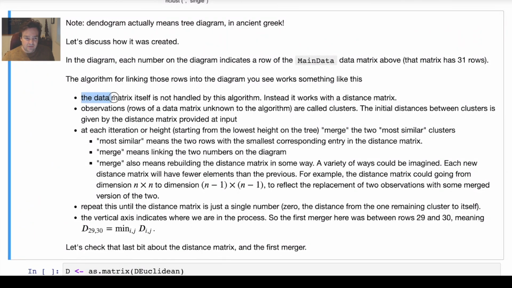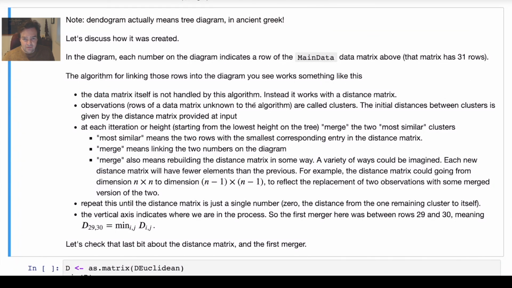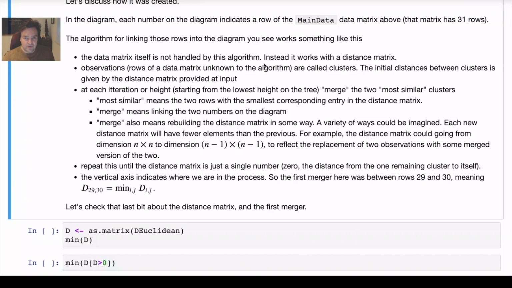It only has the dissimilarity matrix. It doesn't make any use of the observations directly. It only works with the distances. And so the first thing is we're going to name each observation, or row of the data matrix that we don't actually see in the algorithm. Each of those observations is going to be called a cluster.